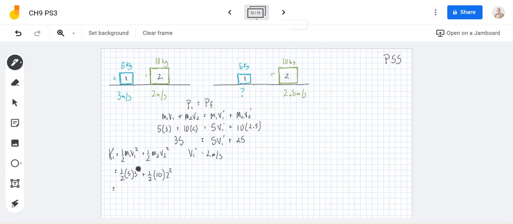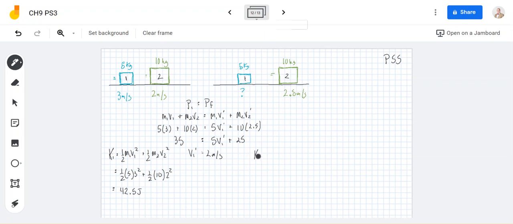So if I do this one, 3 squared is 9, 9 times 5 is 45, half of that is 22.5, plus 20. That's the total energy before.